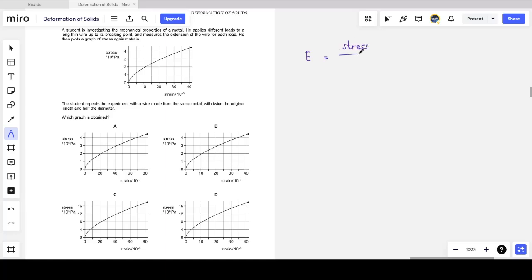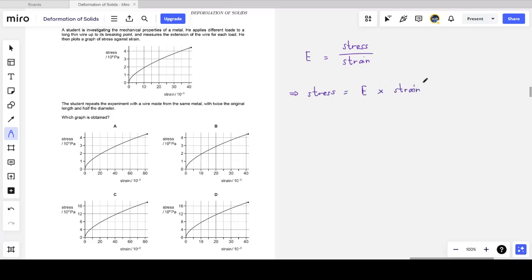Notice how all the graphs have the same shape but different values, meaning the gradient of the graphs will be different, but everything else will be the same in terms of the relationship. So Young's modulus is stress divided by strain, which means that if I rearrange this equation, stress is equal to Young's modulus E times strain.